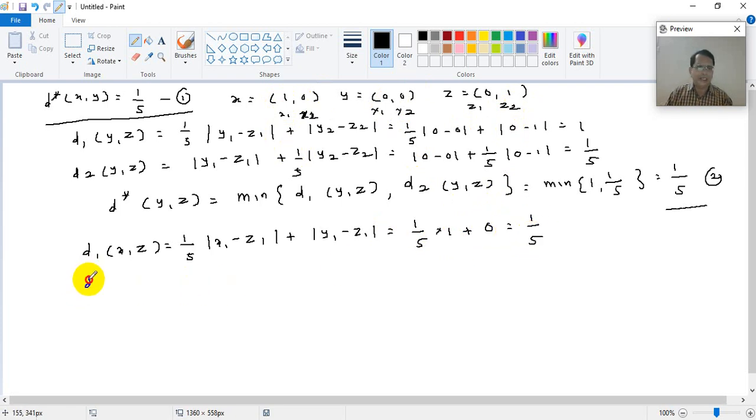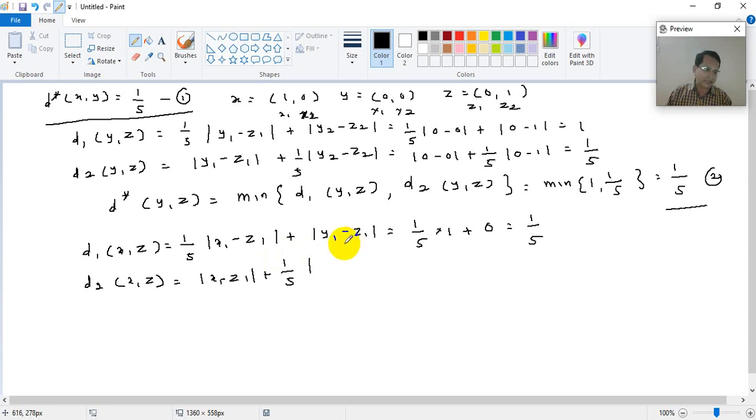Okay. Then what is d2 xz? d2 xz is what? It is x1 minus z1 plus 1 by 5 into this. I made a mistake, I think, here. It should be xz, na. So y1 z1 is not true. Let us follow the definition. See, what is the definition? For dxy it is x1 minus y1. If I write dxz, then x1 minus z1 and plus y1 minus z1.